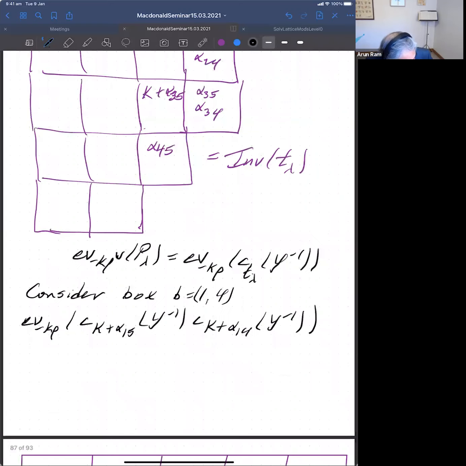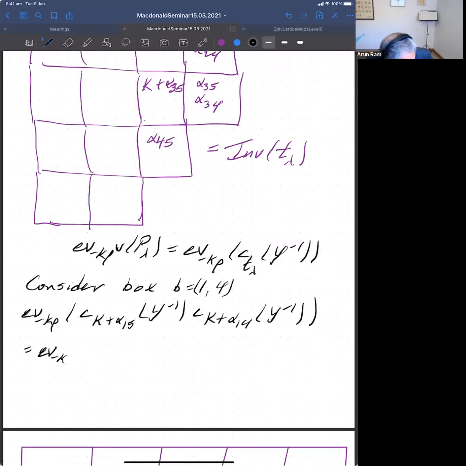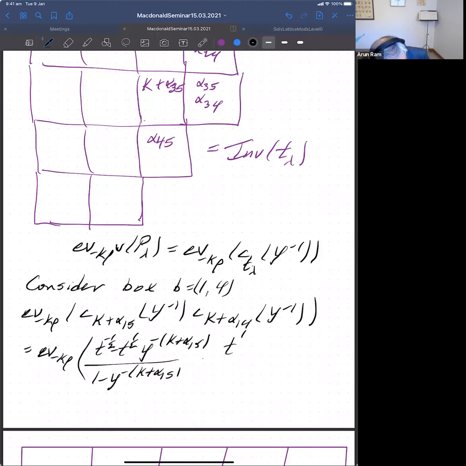This is equal to the evaluation of minus k rho, and you plug in your C functions, you get t to the minus a half, t to the half, y to the minus k plus alpha 1, 5, divided by 1 minus y to the minus k plus alpha 1, 5, and then t to the half minus t to the half, y to the minus k plus alpha 1, 4, divided by 1 minus y to the minus k plus alpha 1, 4.